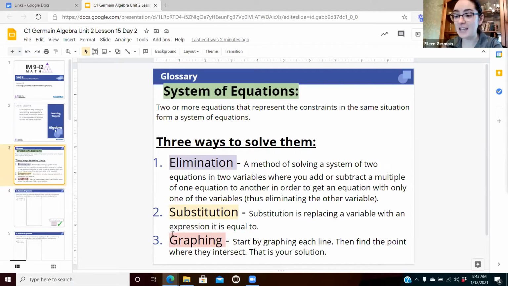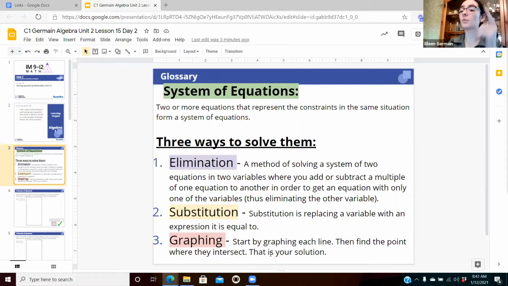Graphing is a good way to check your work, which today we're going to be using it for. Another time it's good to graph a system of equations is when they're both in y equals mx plus b form.